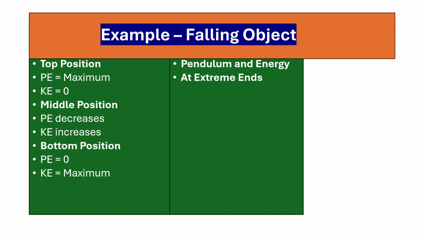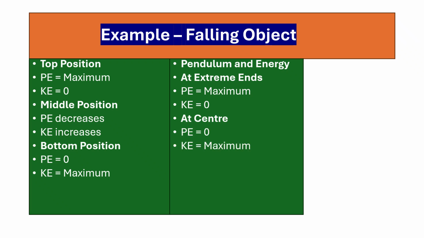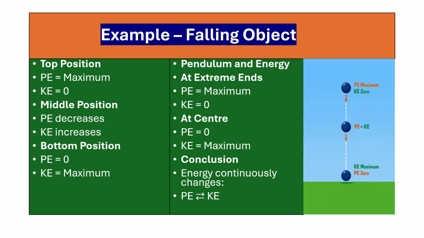Likewise, for a pendulum, at the extreme ends, potential energy is maximum and kinetic energy is 0, and at the center, potential energy is 0 and kinetic energy is maximum. So what do we conclude? Energy continuously changes, potential to kinetic and kinetic to potential.